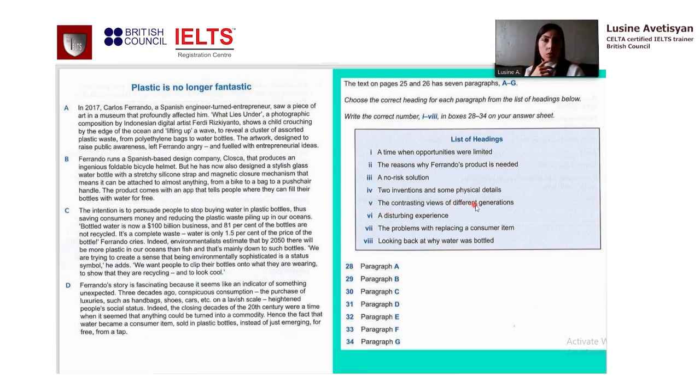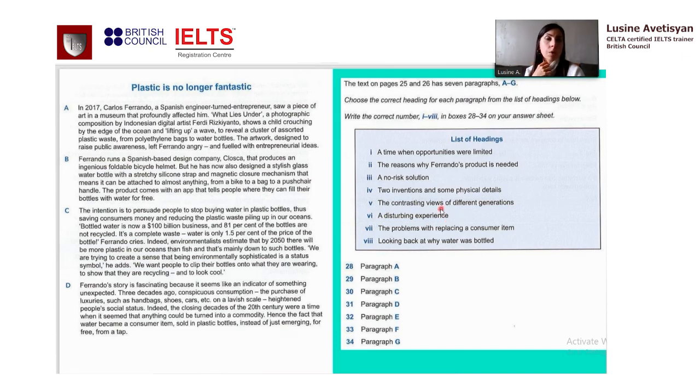The contrasting views of different generations? Exclude. A disturbing experience. What is the experience? His visit to the museum. Disturbing experience, changing experience. So probably you might take this one for now. The problems with replacing a consumer item, we haven't spoken about any issues yet. Looking back at why water was bottled, nothing to do with bottling.